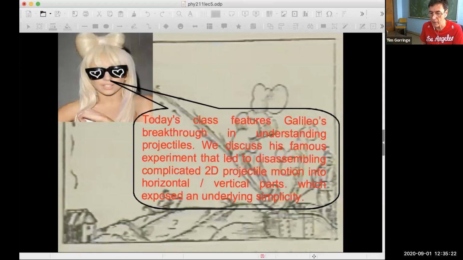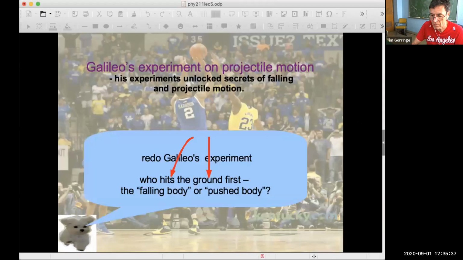And by thinking about the horizontal and vertical components of the motion, he kind of exposed a simplicity of the motion that was hidden in the more complicated two-dimensional motion. Okay, so let's redo his famous experiment. So I'm going to change to a little video where we'll see me repeating his experiment.